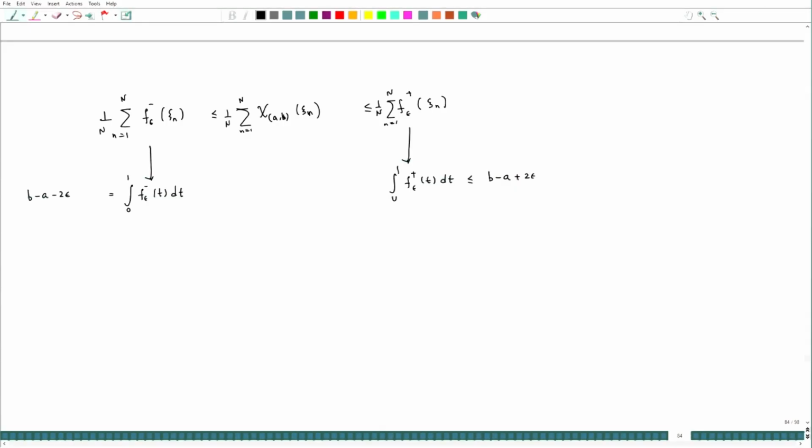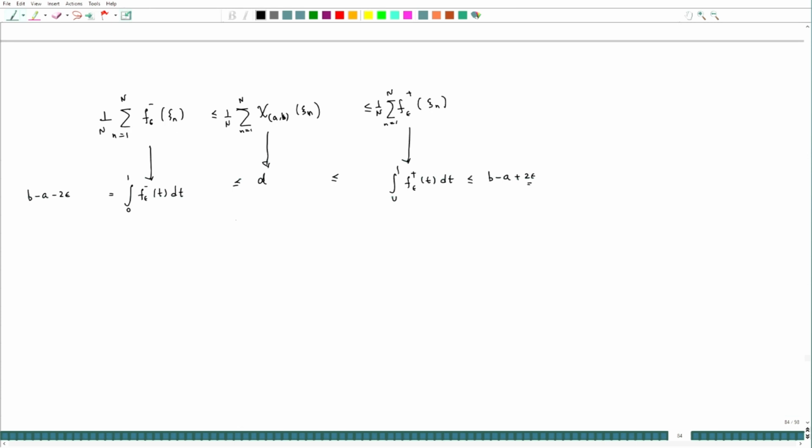for large n, we are going to get that this is sandwiched by these. So, when this converges, let us say it converges to some limit alpha, then alpha is less than or equal to b minus a plus 2 epsilon and greater than or equal to b minus a minus 2 epsilon, and this is true for every arbitrarily small epsilon.